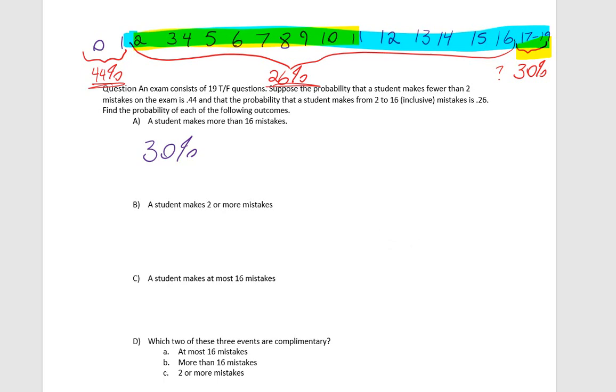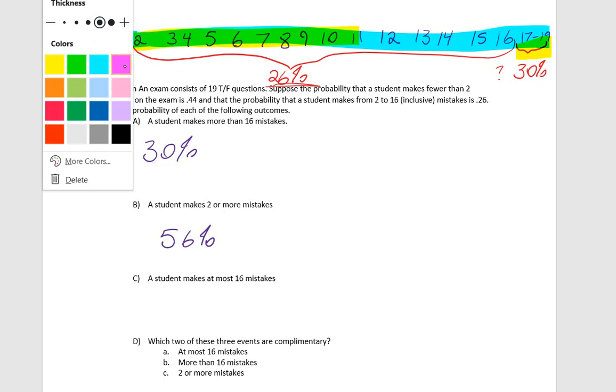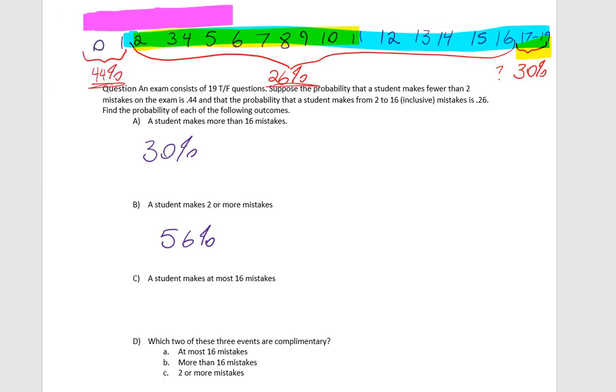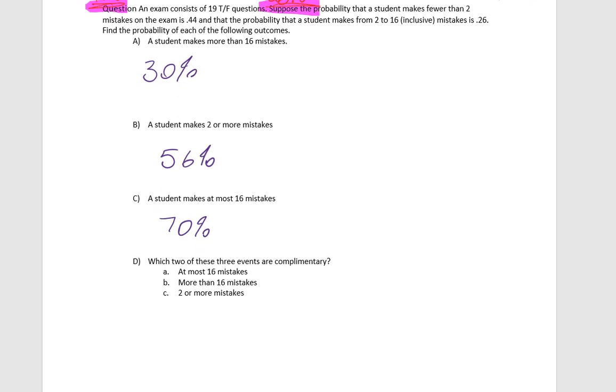So that would be 26 plus 30, which is a 56% chance of that happening. And what's the probability that a student makes at most 16 mistakes? If they make at most 16, that means they made somewhere between 0 and 16. So we add this 44 and this 26 together, and we get 70%.